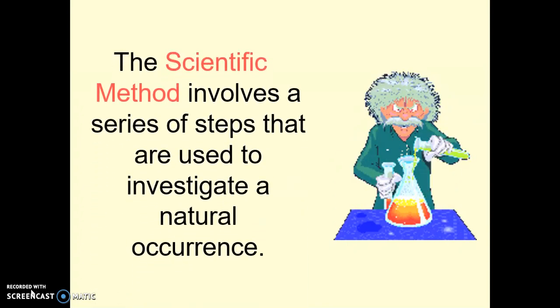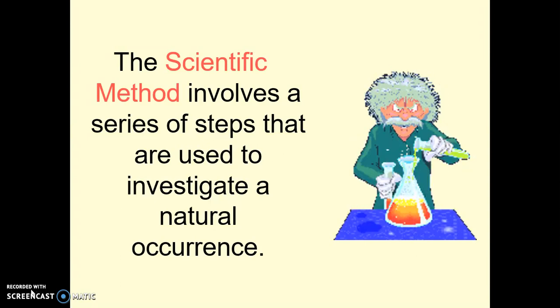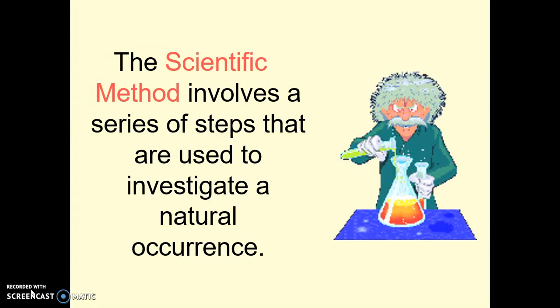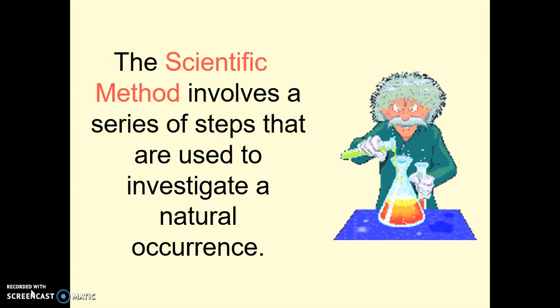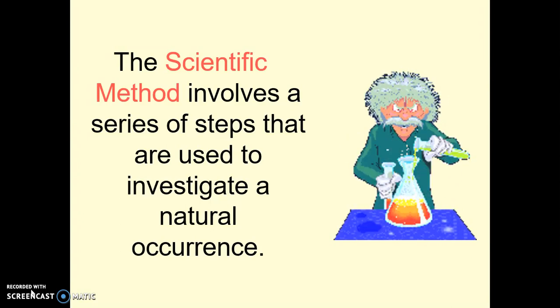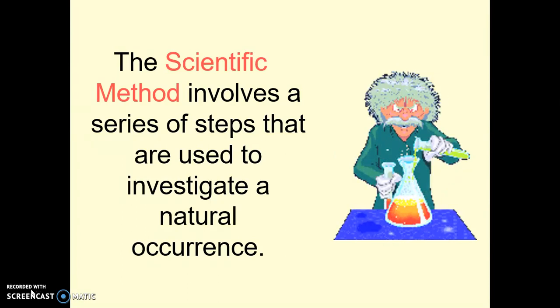So let's start with what exactly is the scientific method. This is going to be your first vocabulary word. You can pause the video and write down the scientific method on the front of the index card, and on the back the definition, which says: the scientific method involves a series of steps that are used to investigate a natural occurrence.